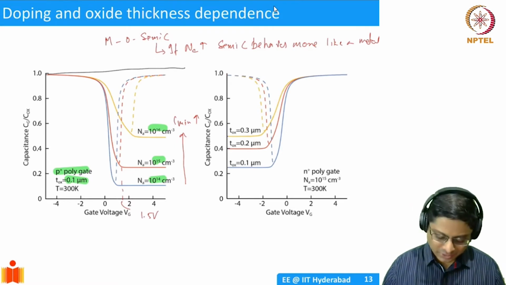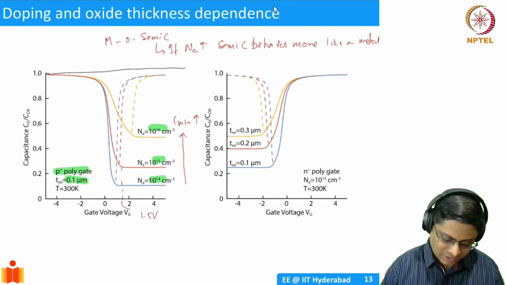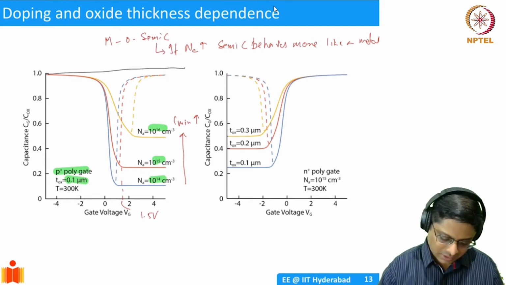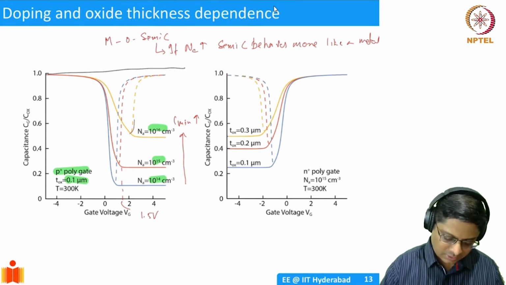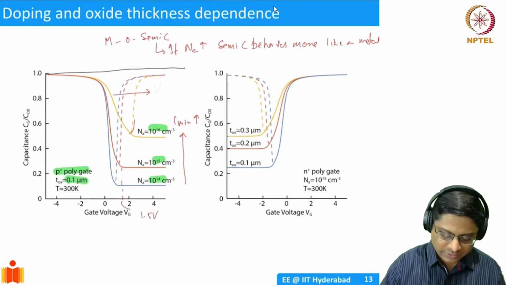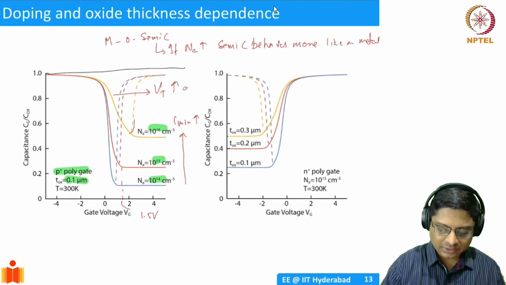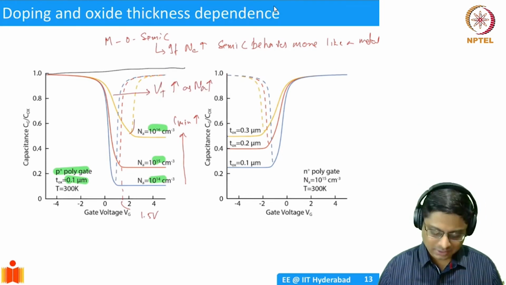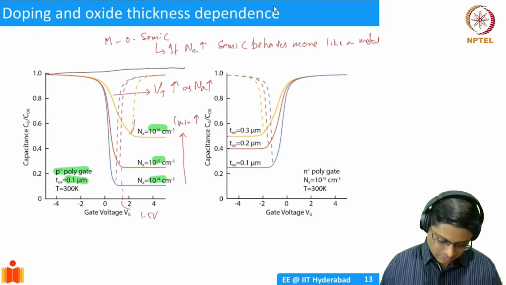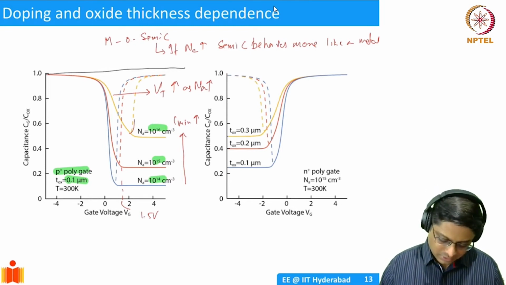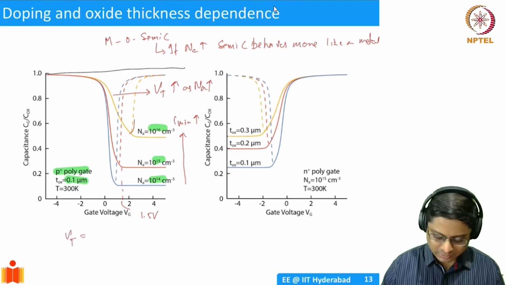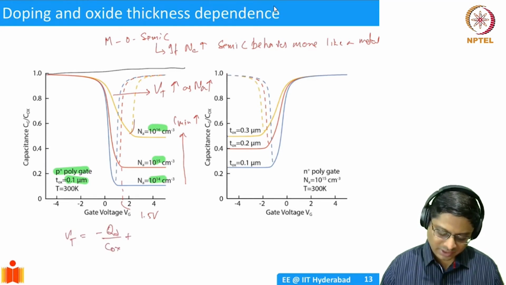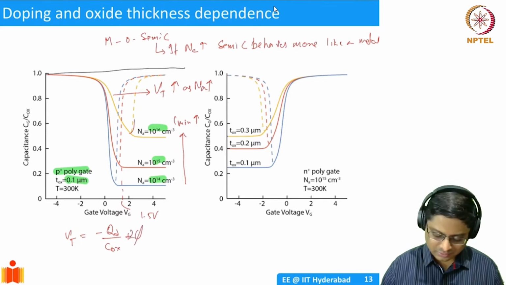The other aspect, if you notice, this point where the LFC starts going up, right? This is basically threshold, right? So VT is increasing as Na is increasing. Why does that happen? Well, remember what is VT? VT is minus QD by Cox plus phi s, or 2 phi f, right?